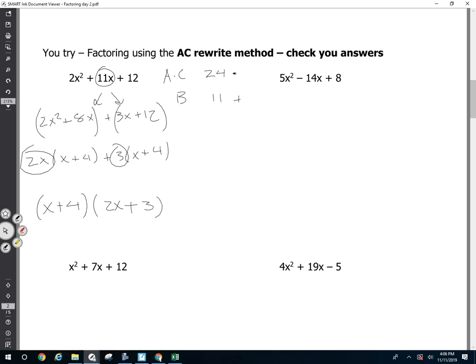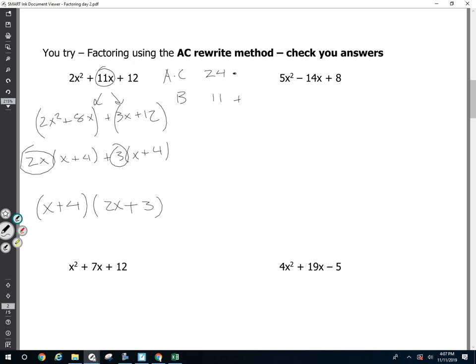this one. Let's see if we can do this one. 5x squared minus 14x plus 8. Start by multiplying A and C together. And then writing down B. You are looking for two numbers that multiply to get that A times C and add to get the B. Eight times 5, 40.